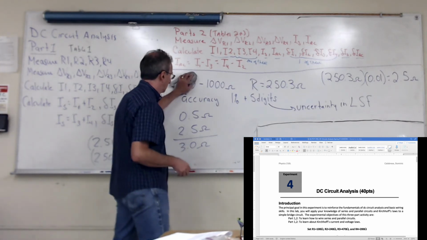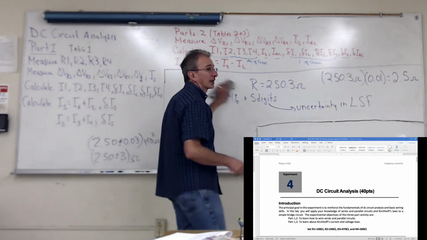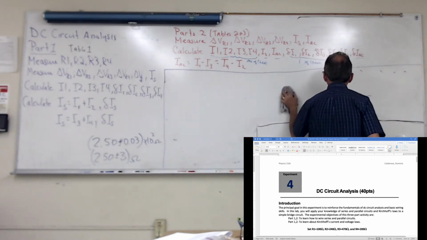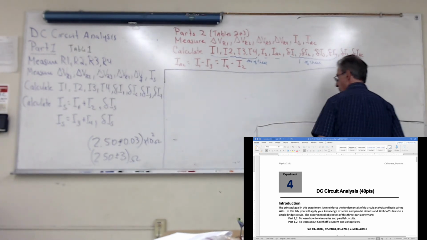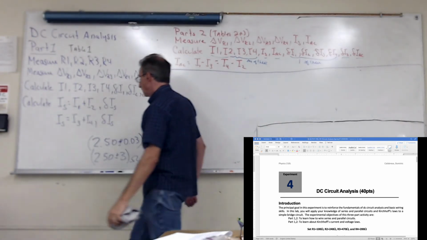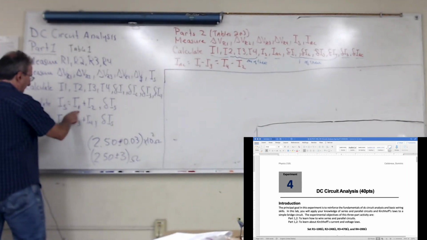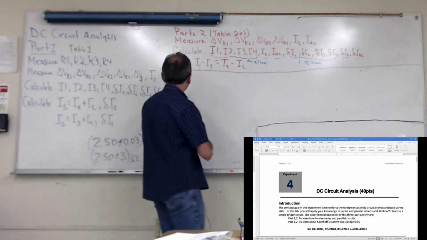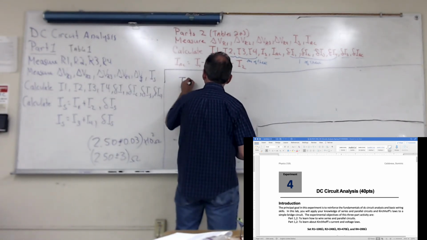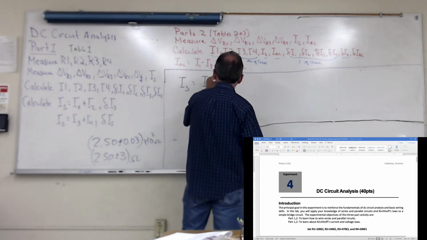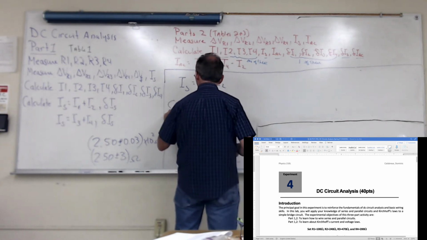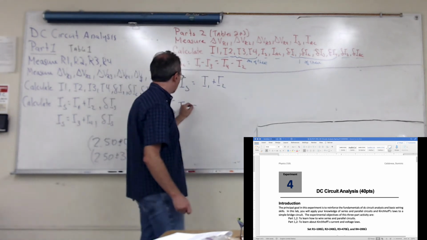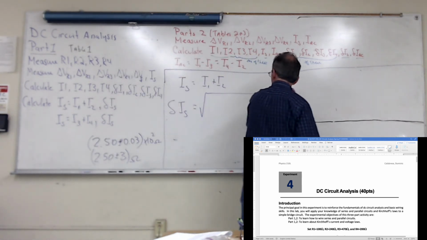So the one uncertainty calculation which looks the easiest, but which most students have a hard time with, is this one: I sub S, anything involving a sum. I want to know the uncertainty in I sub S. And so I have to do my calculation with partial derivatives.